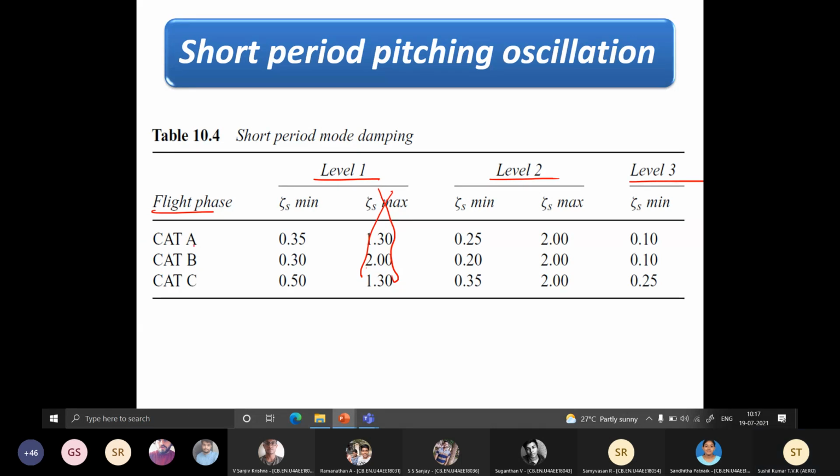Category A, B, and C. I think it is increasing in this particular column when you go down. And similarly, why is it decreasing as you go to your right? Anyone from the class?